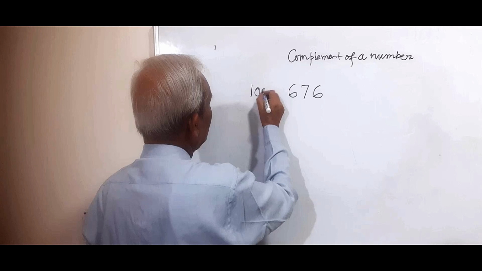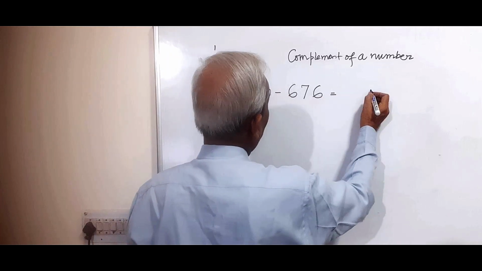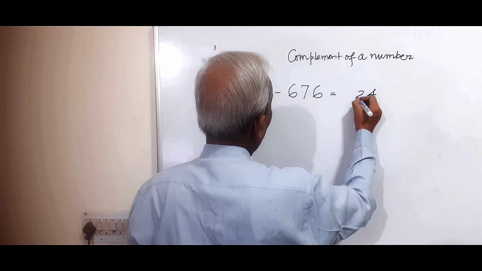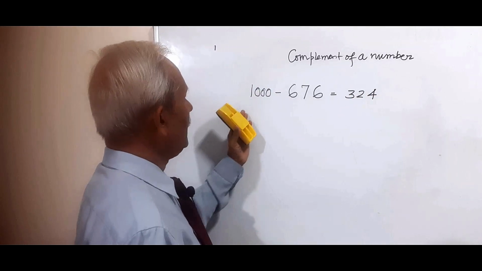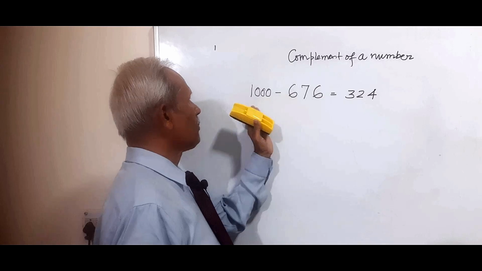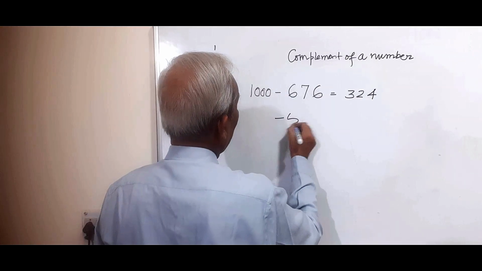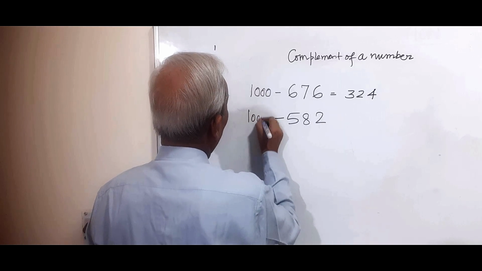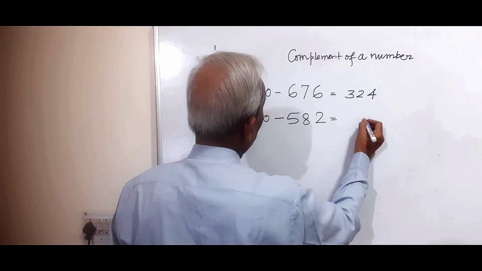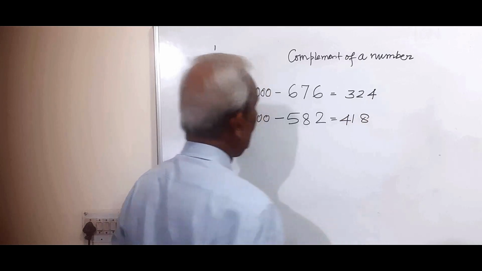So 1000 minus 676 is 324, right? How do you get it? By subtracting 676 from 1000. What is the complement of 582? It's 1000 minus this, which is 418.